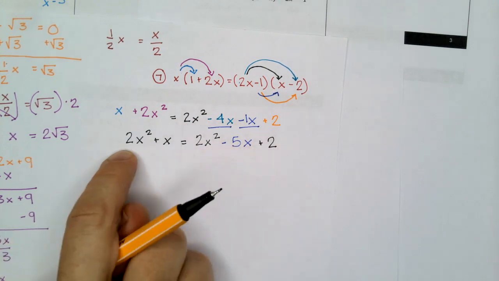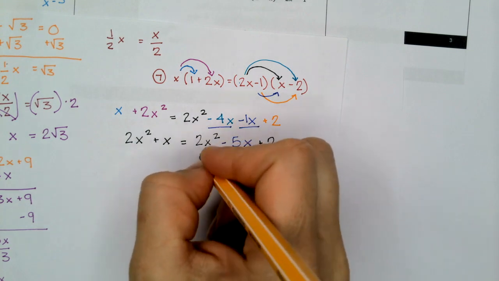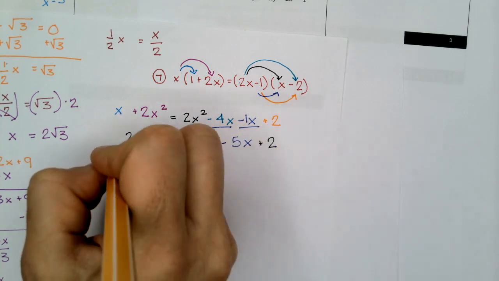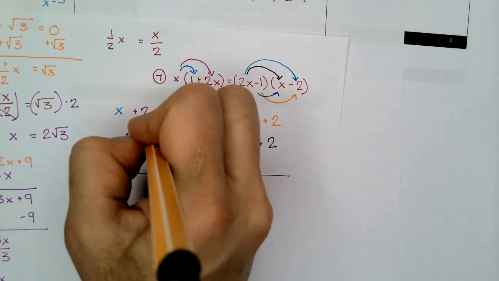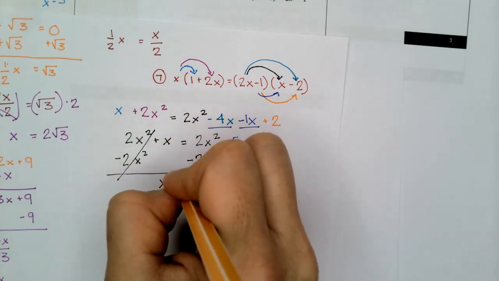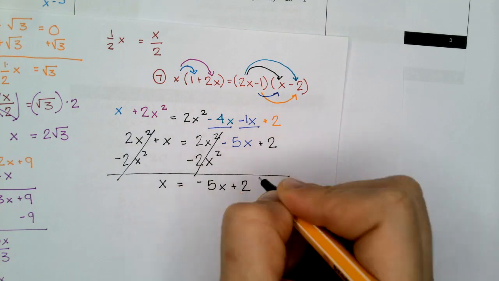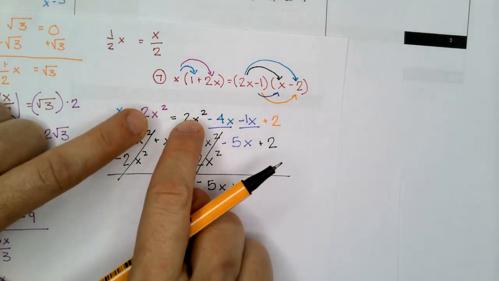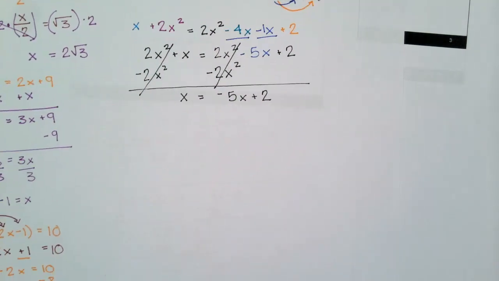Same problem where we suddenly have an x raised to an exponent that is not 1. That's bad, but if we subtract it from this side and from this side, it will fully disappear and we'll just have x equals -5x plus 2. Because it was the exact same value on either side of the equal sign, when we tried to move it, it disappeared.